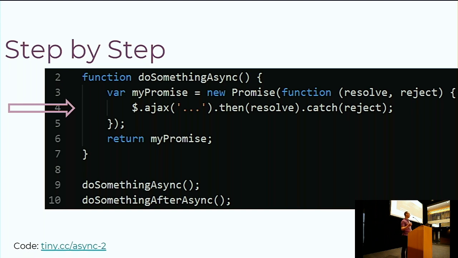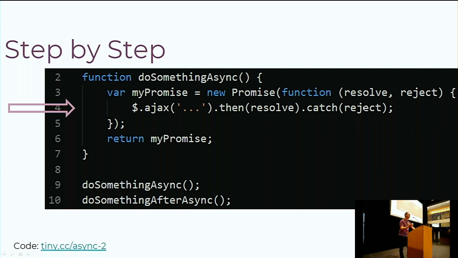So it executes its first line, which is $.ajax, and we all know this starts an asynchronous call, an RPC call. Then we say when this call is done, you will resolve the promise, and if there is an error, you will reject the promise. So resolve and reject are functions, if you remember.